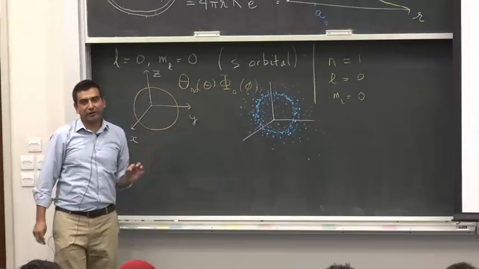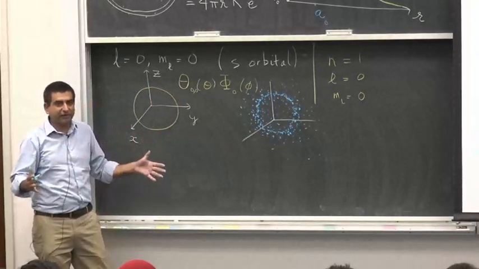This is what the electron cloud actually looks like. And this is what you're familiar with seeing in chemistry textbooks.